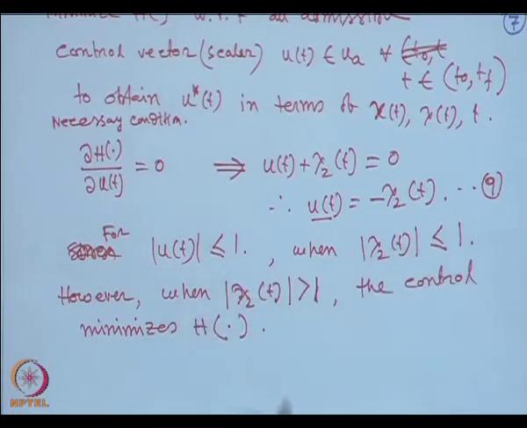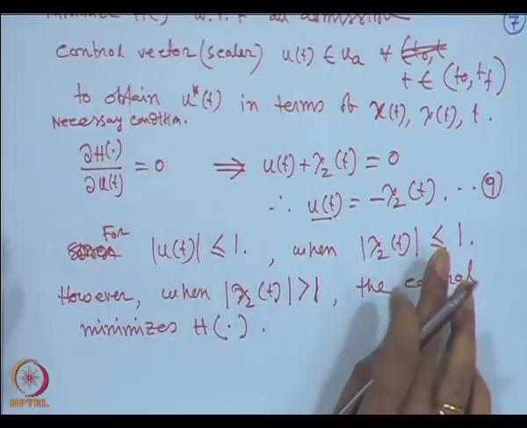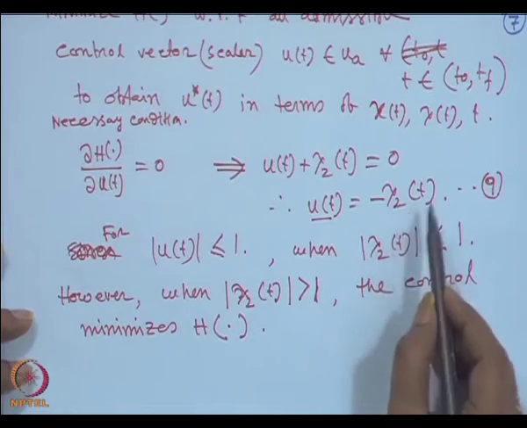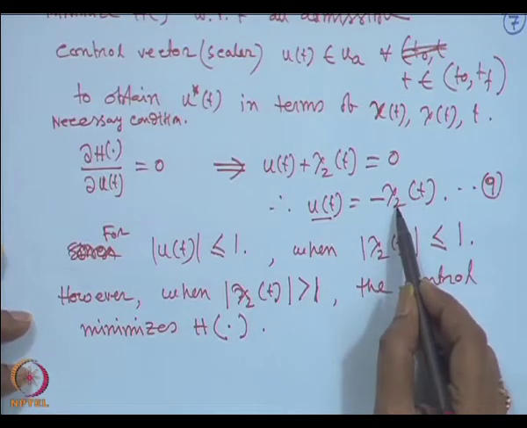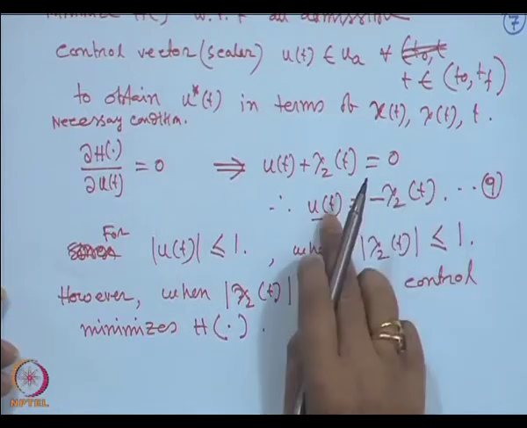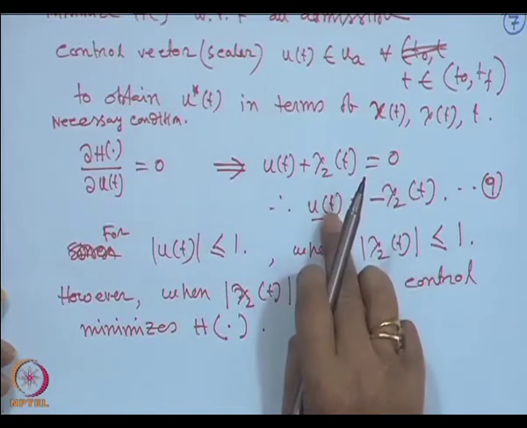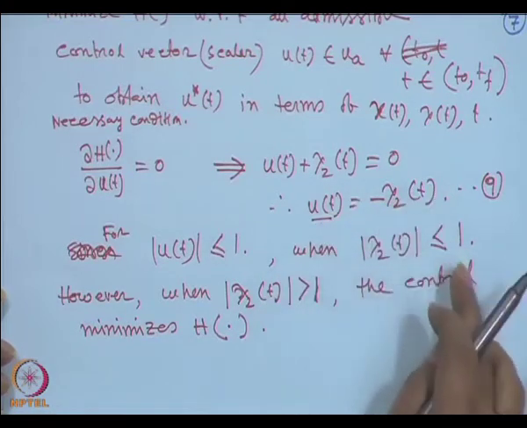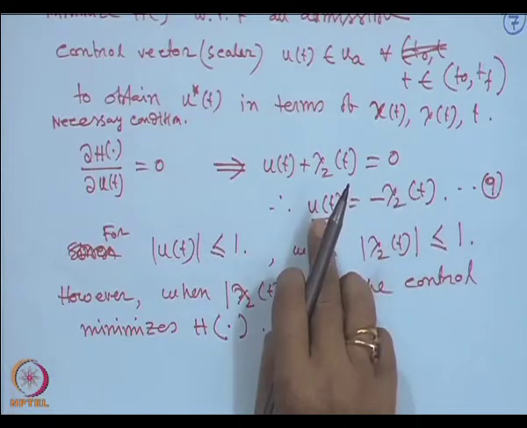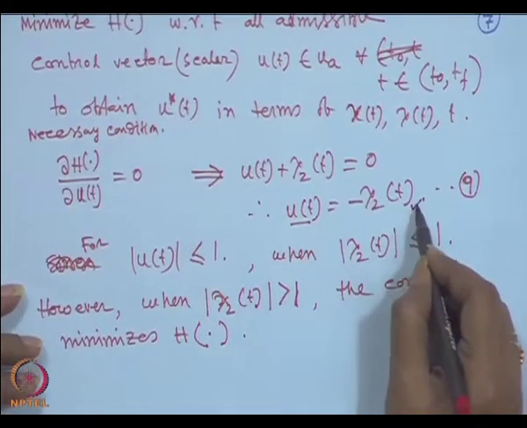But suppose lambda of t is positive, then u is coming negative. Suppose lambda of t is less than 1, but negative, then u of t is coming positive. So, in this way you have to see.